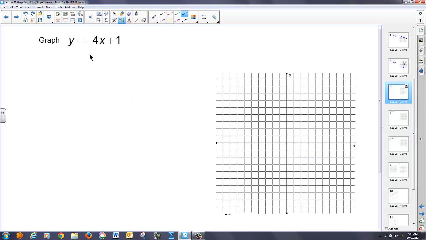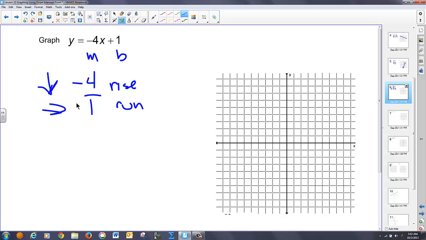Likewise here, we have a slope of -4 and a y-intercept of 1. -4 can be written as -4 over 1, so that's our rise over our run. This tells us to go down 4, to the right 1, and we'll do all that starting from +1 on the y-axis.